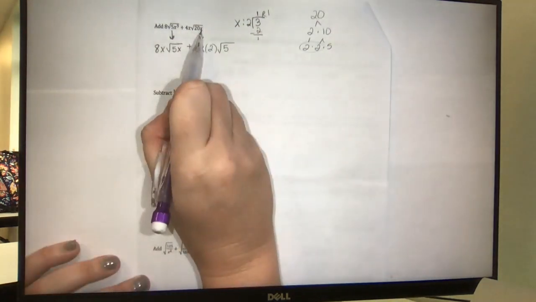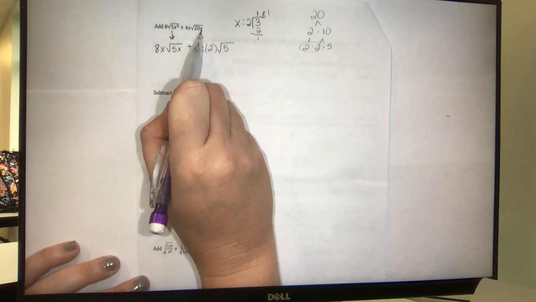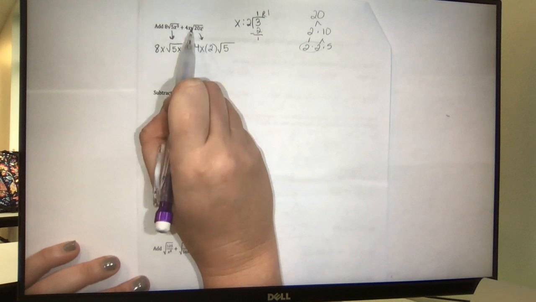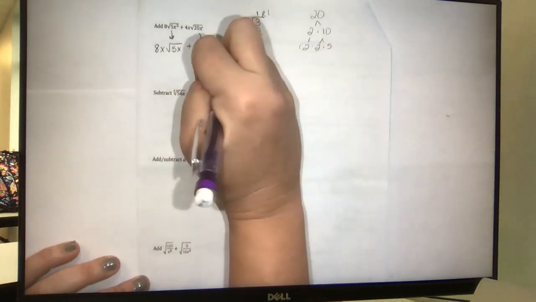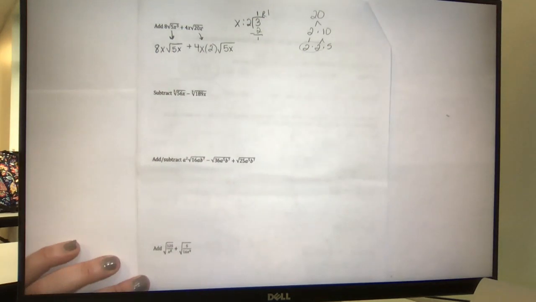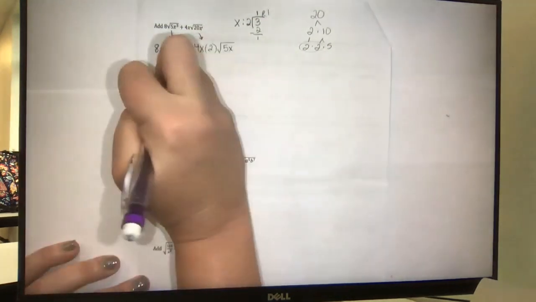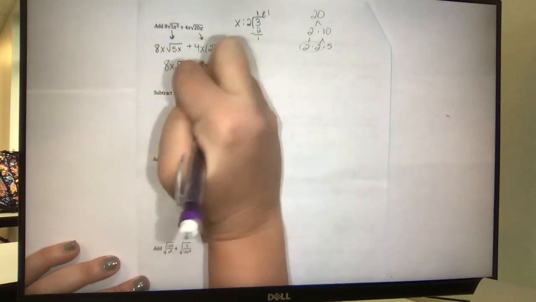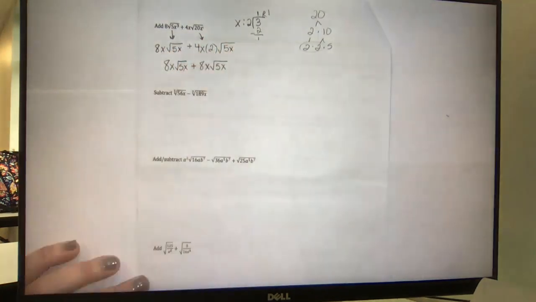Now, what about this x right here? What's going to happen to him? He's got to stay, right? Because he has an exponent of 1, which is smaller than my index. So my x is going to have to stay under. Okay, clean this up a little bit. Multiply that 2 and 4 together.